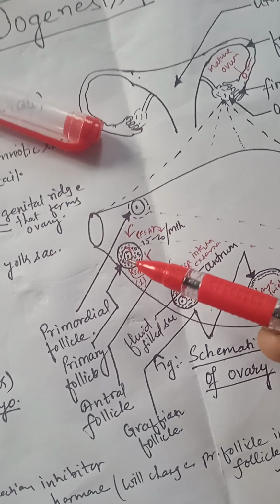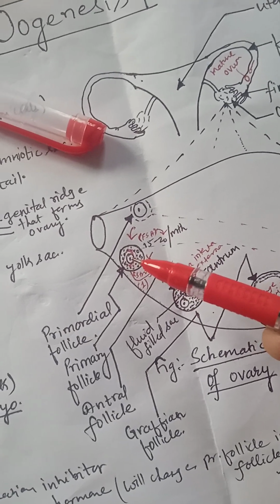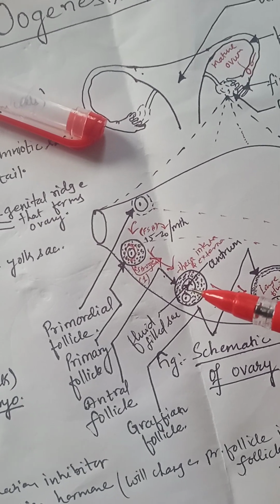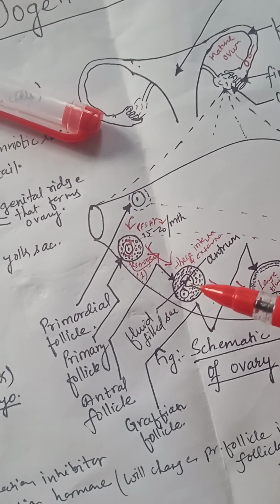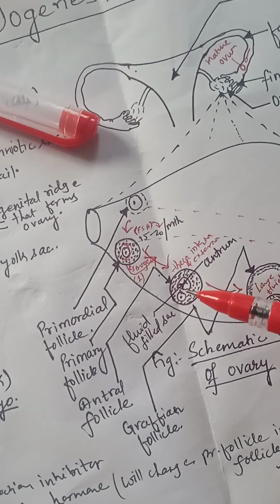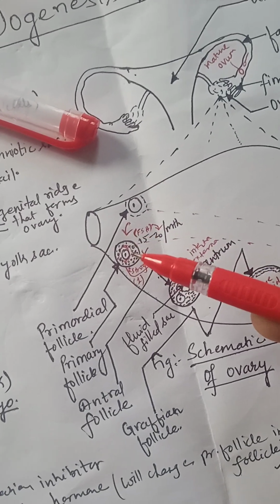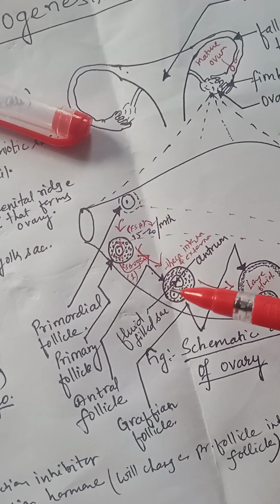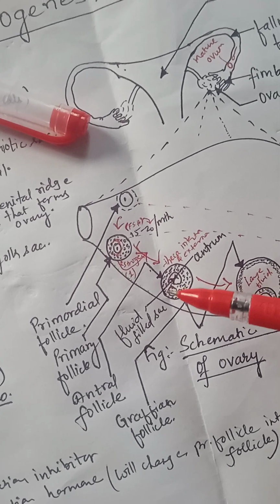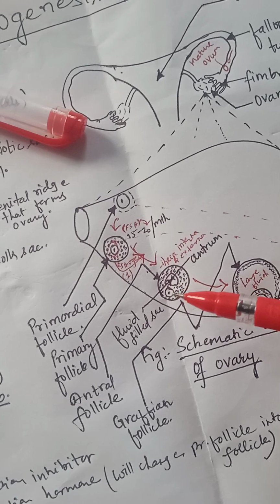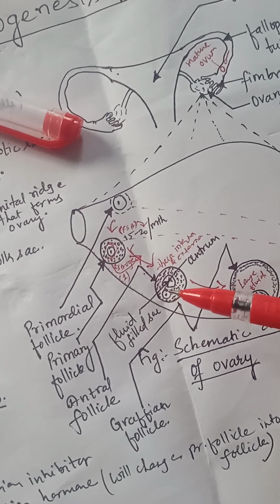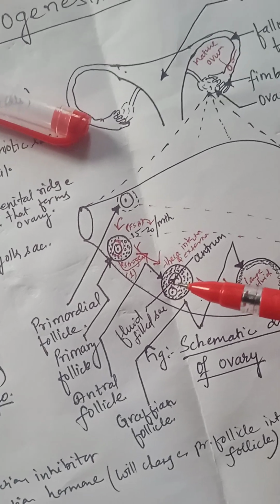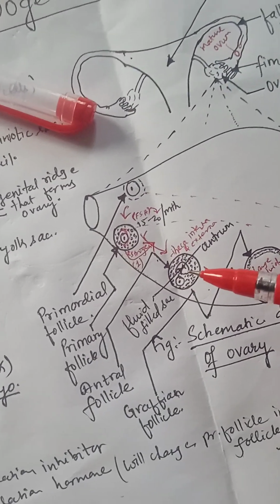Here the oocyte had 2n chromosomes, but as it is modified into antral follicle, inside the antral follicle the primary oocyte will undergo meiosis first division, and it will form a cell with half the number of chromosomes along with the first polar body with half the number of chromosomes. The polar body will undergo autolysis.